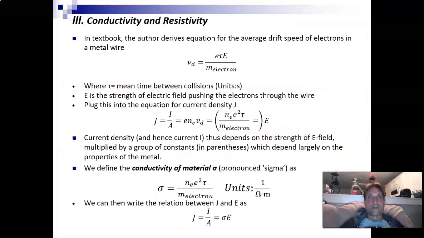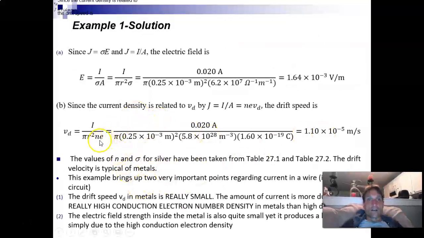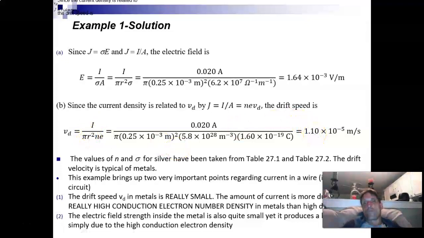Now we can go back to the drift speed equation. We plug in the charge of the electron and the number density, and since we know the current and the area, we get that the drift speed of the electrons is 1.1 times 10 to the negative 5 meters per second.